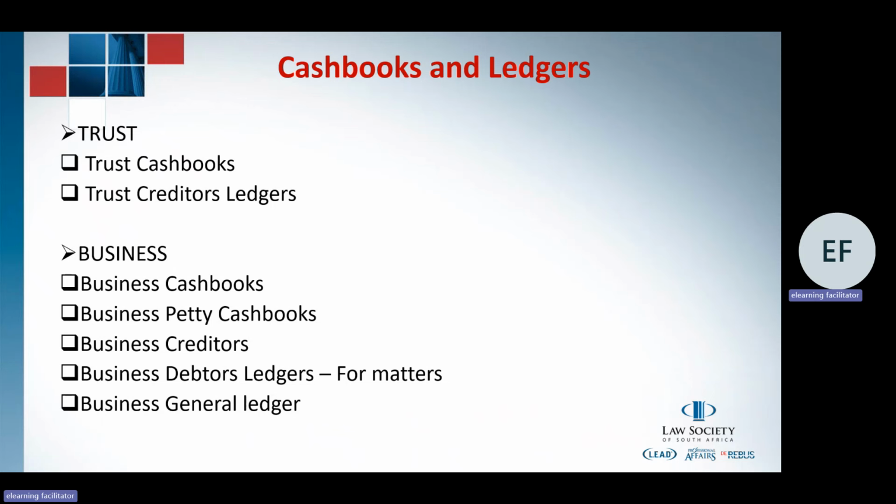Okay. And so after having our cash books, as of now, I'm talking about cash transactions. For our cash transactions, remember, we've got the double entry system. So with the double entry system, we'll need to post to our ledgers. With the business account, we've got business creditors ledgers, we've got debtors ledgers.